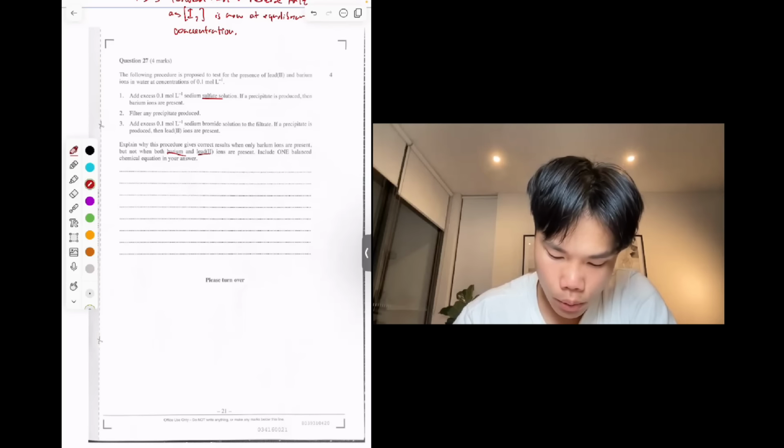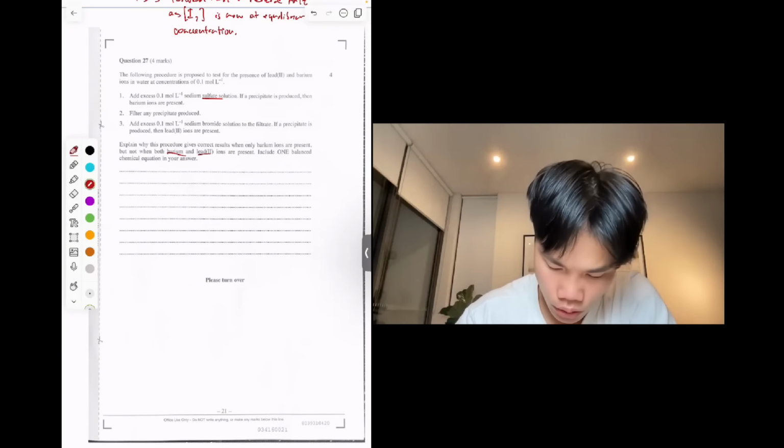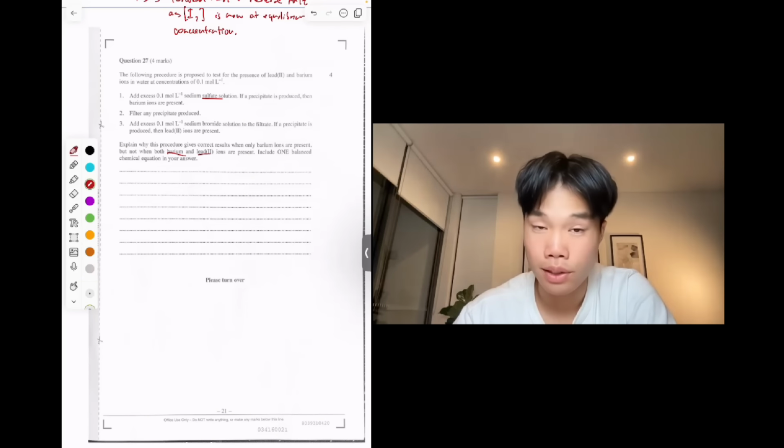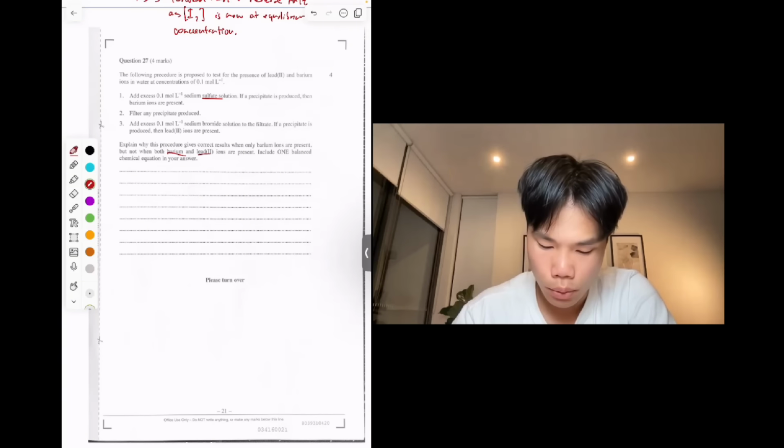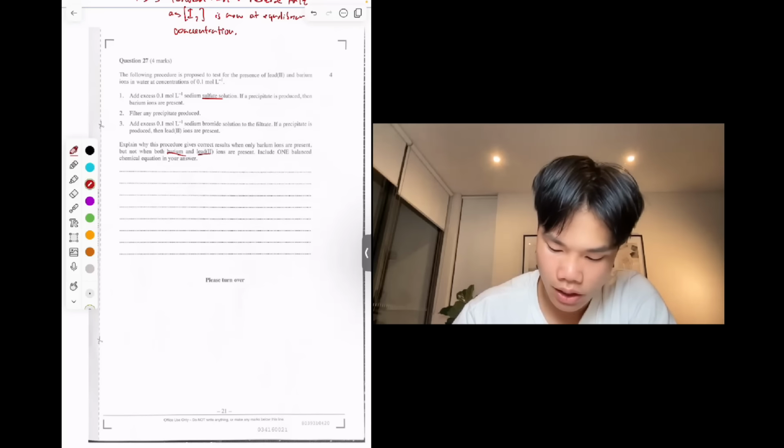And then step 3, for bromide, would allow you to test for lead on its own, since group 17 only precipitates the lead, mercury, and silver. So you'd be able to still identify lead, but you would not be able to identify barium if you had both of them in it. So we're essentially just writing that out in words. They ask you to include at least one chemical equation.